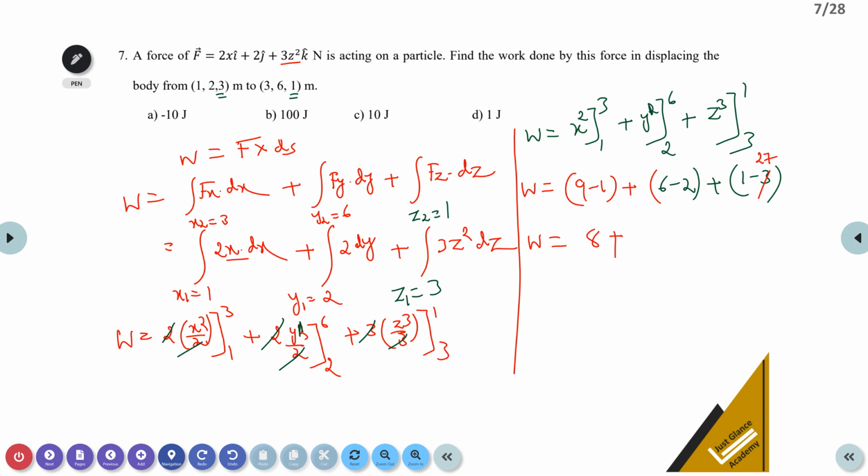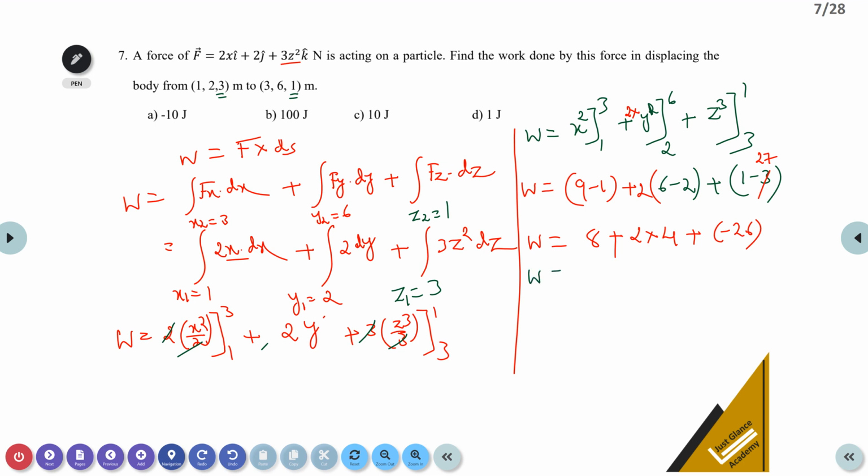here I made one mistake. The 2 into this quantity is cancelled here. It is 2 into y only. So now it becomes 2 into 4, plus minus 26.